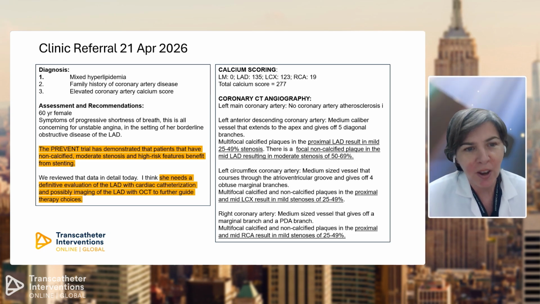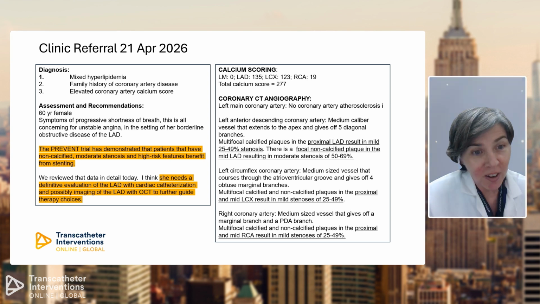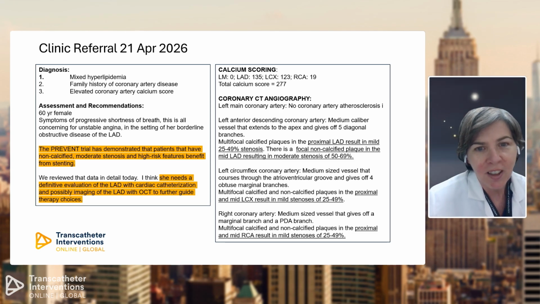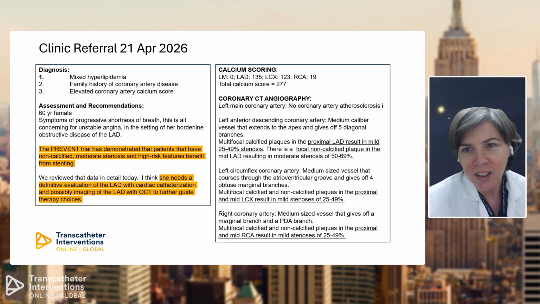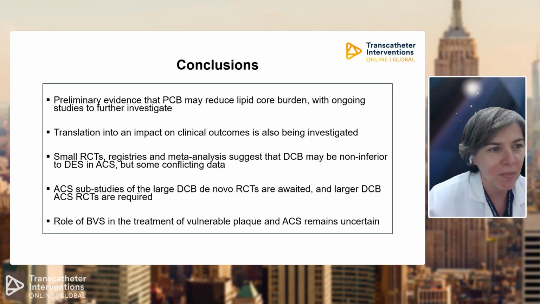So basically, this referrer was referring this patient on to me because of their interpretation of the PREVENT trial, suggesting that we should be doing PCI in these patients. So interestingly, that has penetrated into the general cardiology community environment in the New York space.